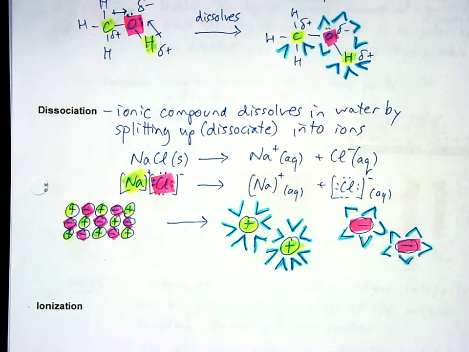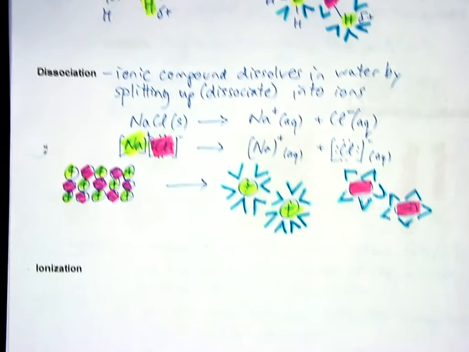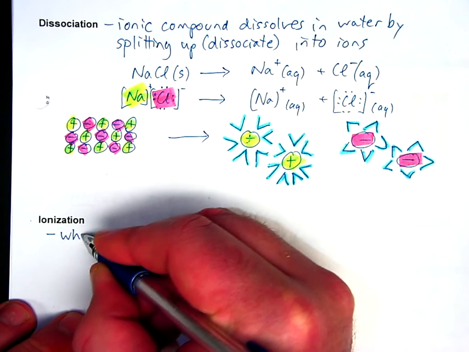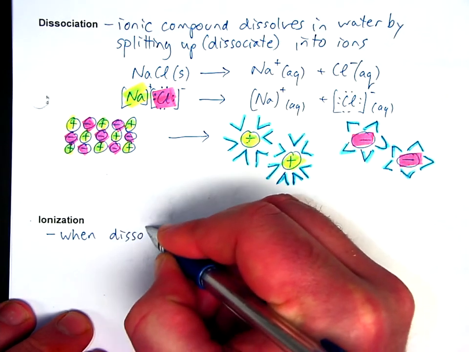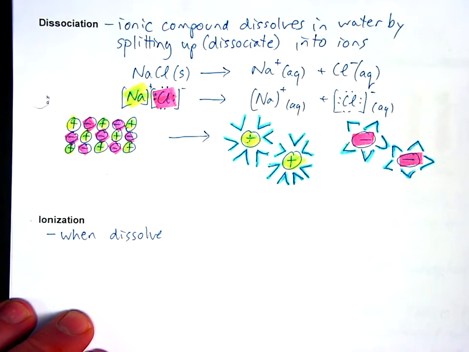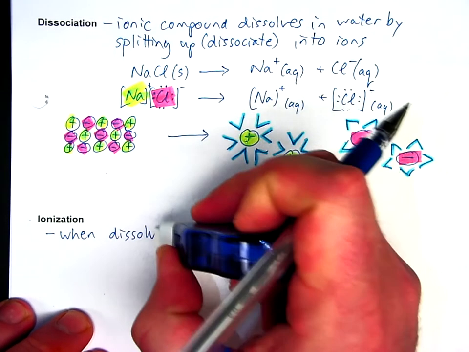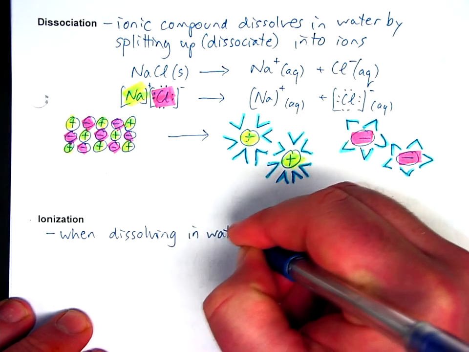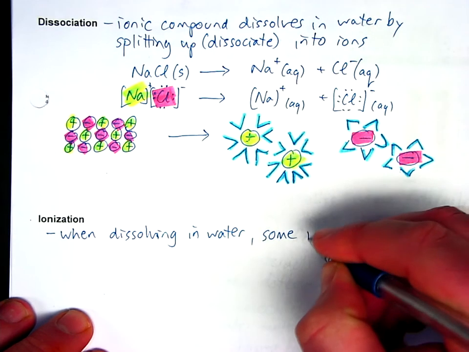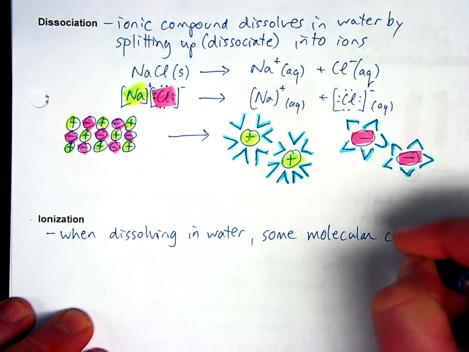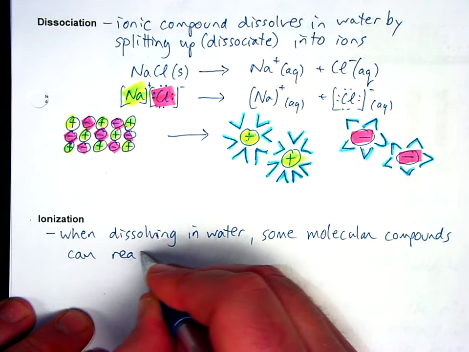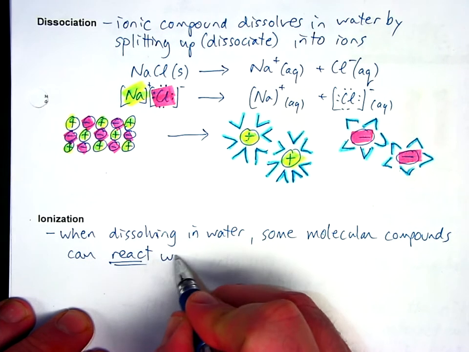One last way that water will interact with substances is forming ions, called ionization. Okay? So when dissolving in water, some molecular compounds can react with water.